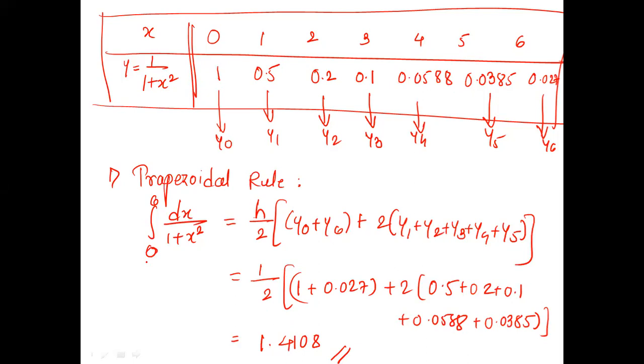Now go by Simpson's 1/3. Shall we solve this? Second, by Simpson's 1/3. What is the rule? Integration, your limits are now 0 to 6, dx upon 1 plus x square.